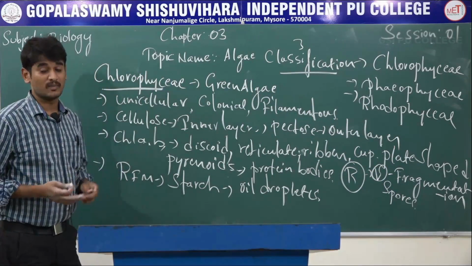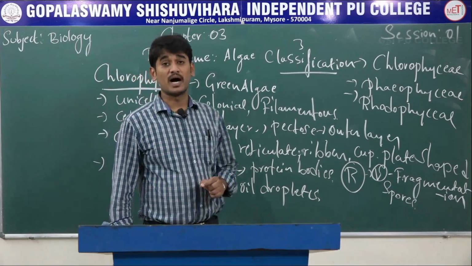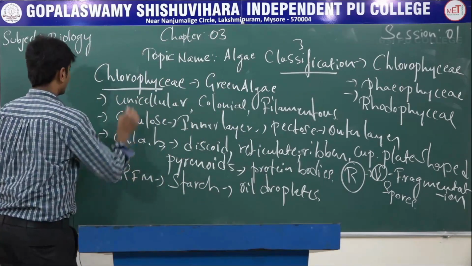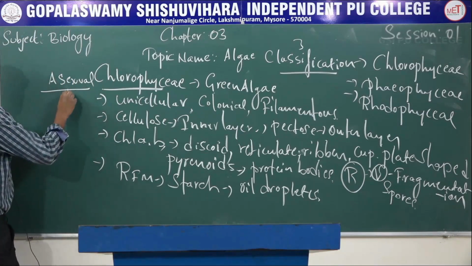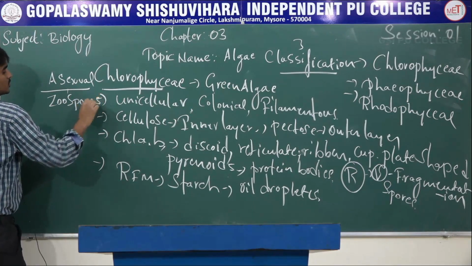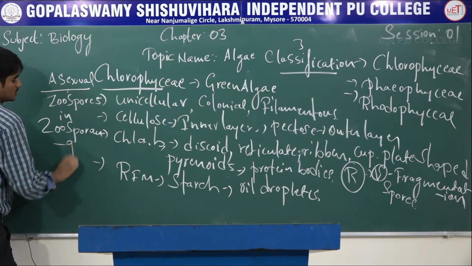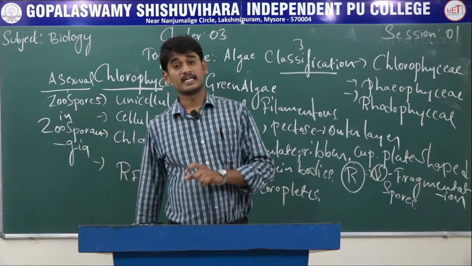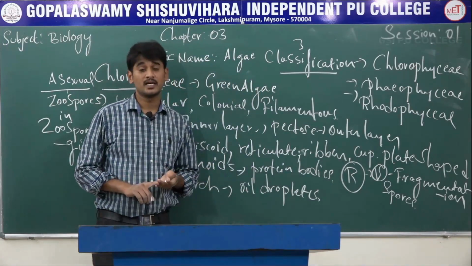Asexual reproduction in chlorophyceae takes place by production of zoospores in zoosporangia. And sexual reproduction in chlorophyceae takes place by isogamous, anisogamous and oogamous types.